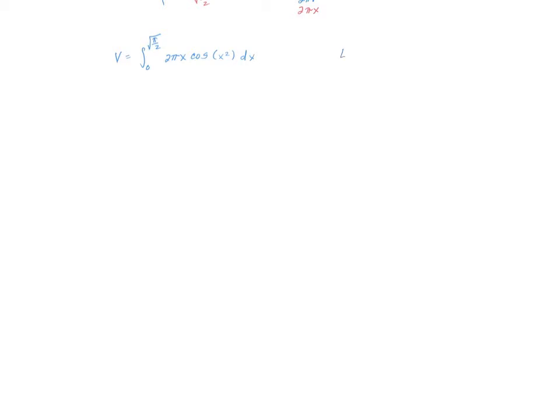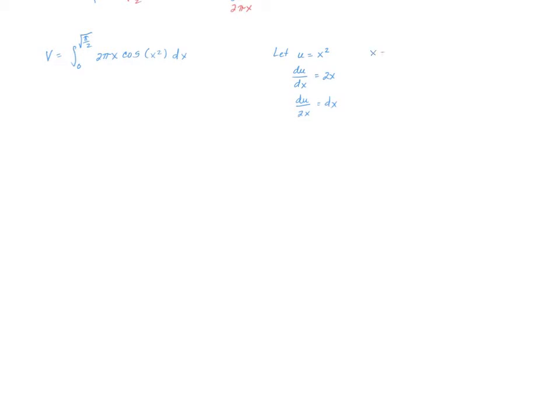So this is where I'm going to do a u substitution. I'm going to let u equal x squared. So du over dx is going to be 2x. Or in other words, if I was to solve this for dx, I would have du over 2x is equal to dx. I'm also going to change my limits of integration.